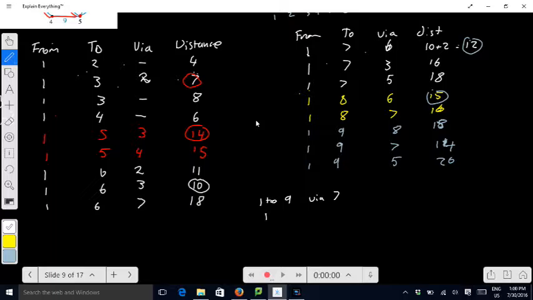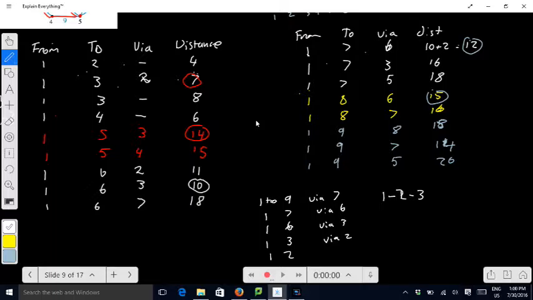And then 1 to 7 was best to go via 6. 1 to 6 was best to go via 3. 1 to 3 was best via 2, and 1 to 2, well, that was simple. So 1 to 2 is the best stop.